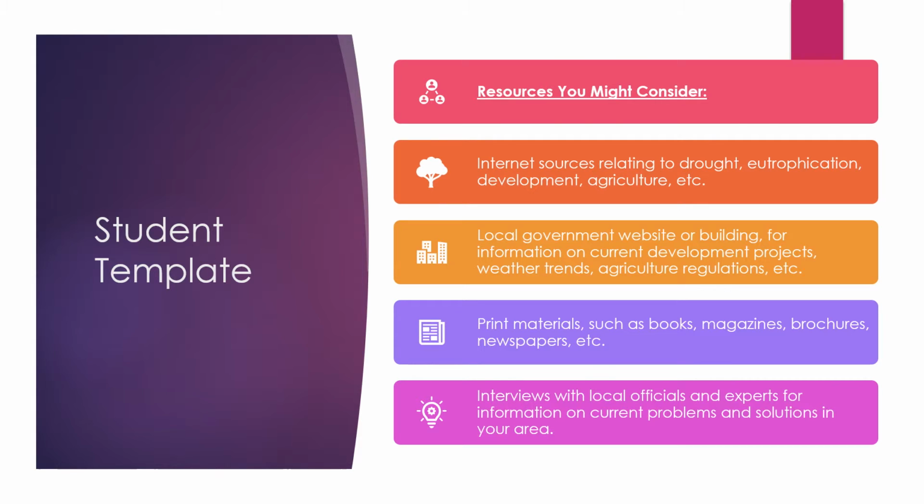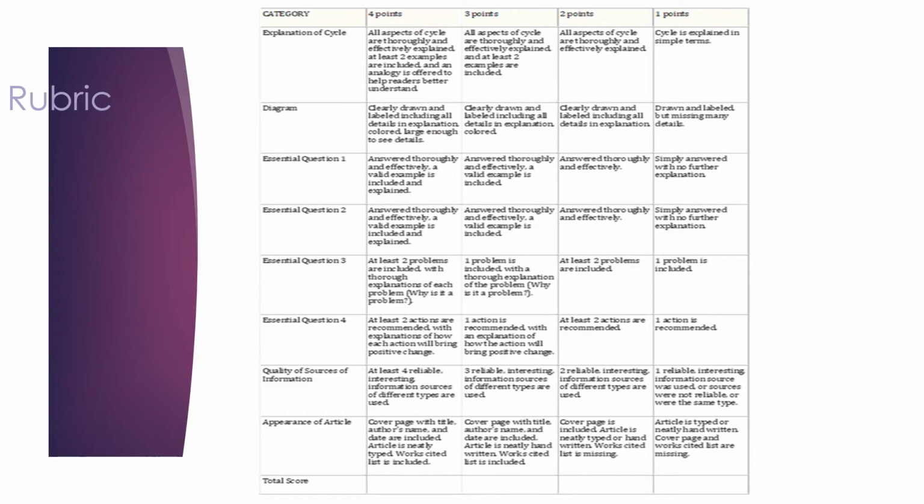Resources that students may use, but are not limited to, are internet resources, local government websites or buildings, printed materials, and interviews with local officials and experts for information on current problems or solutions in that area. The rubric helps students to reflect on their tasks.